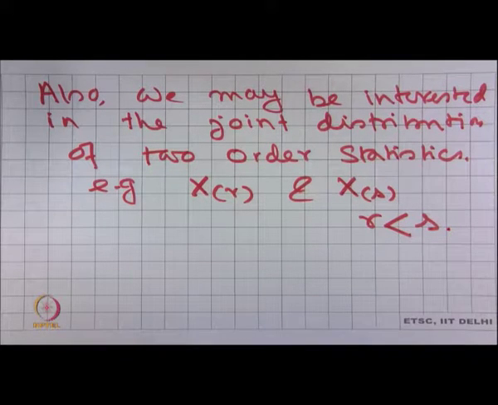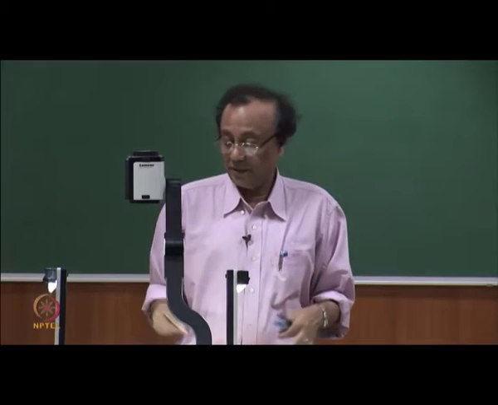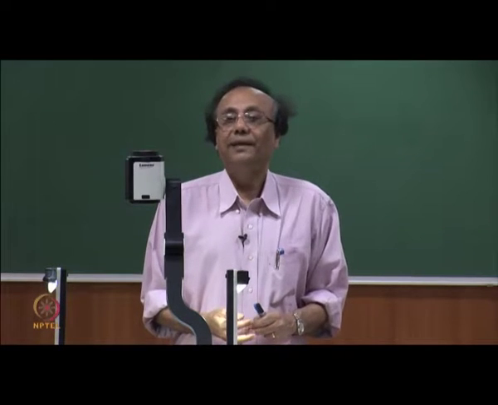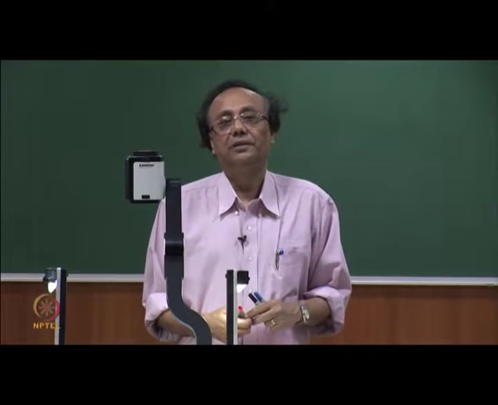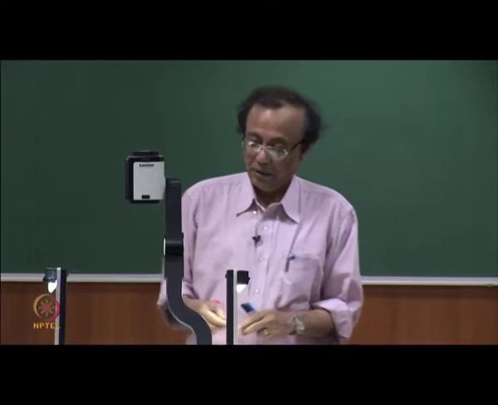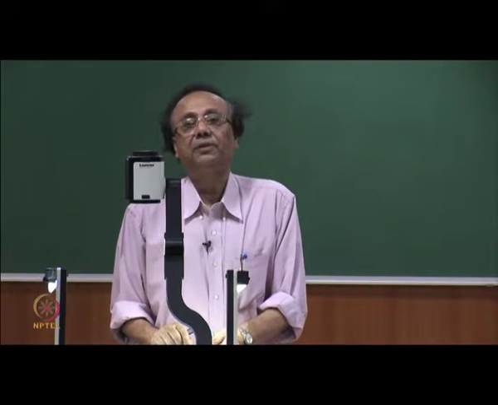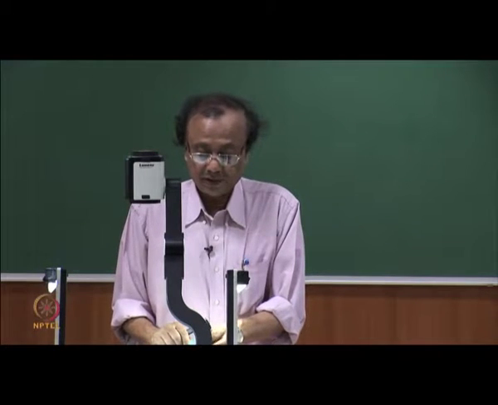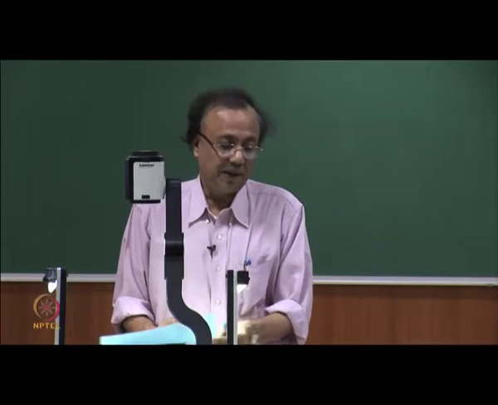Say for example, how the third order statistic and the eighth order statistic in a sample of size, say, 10 are jointly distributed. We will see the applications of such distributions, but let me first illustrate with some simpler examples.